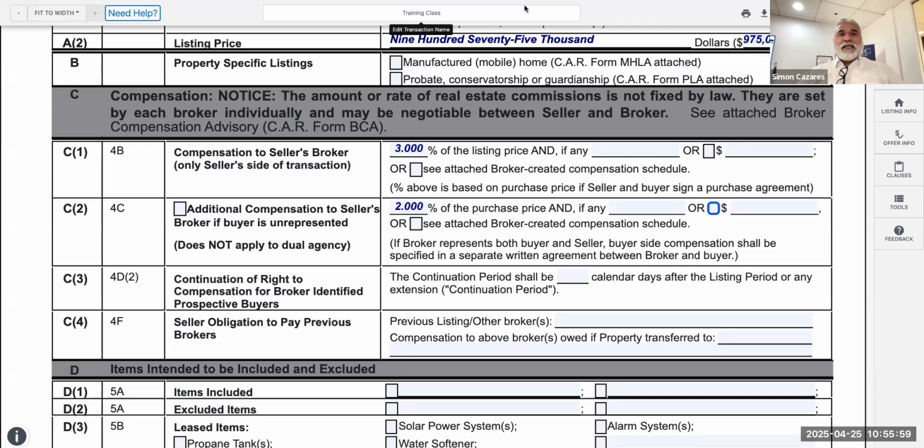Okay. Now going back to, again, the unrepresented buyer, and there are pros and cons to it. You can look at it from all angles when it comes to an unrepresented buyer, meaning you have no agreement in anything that you as a real estate professional have to offer the buyer.